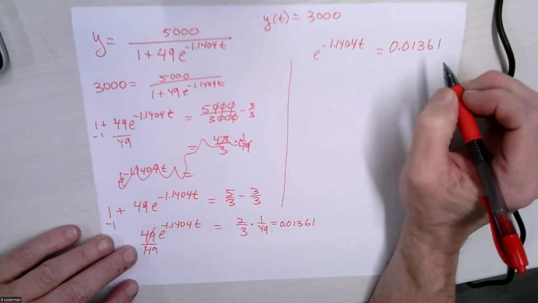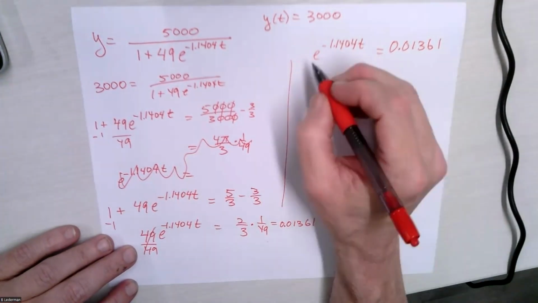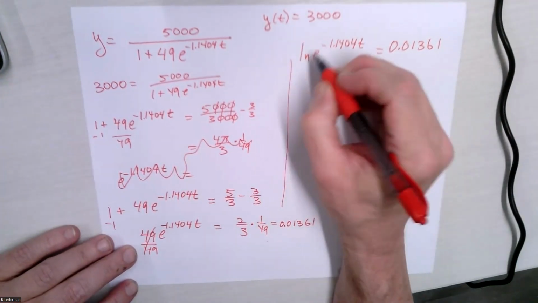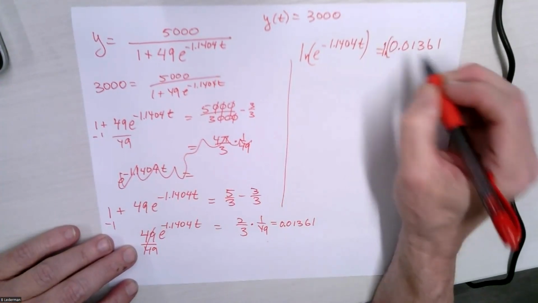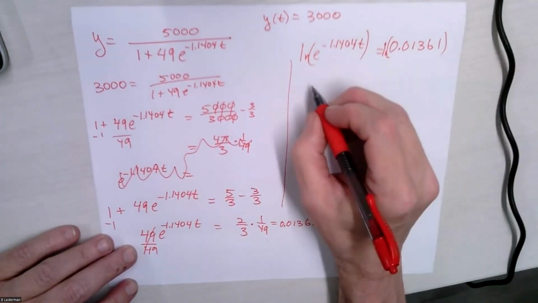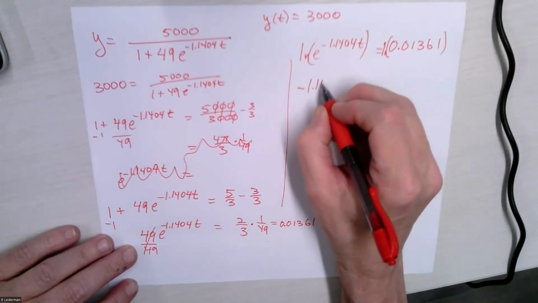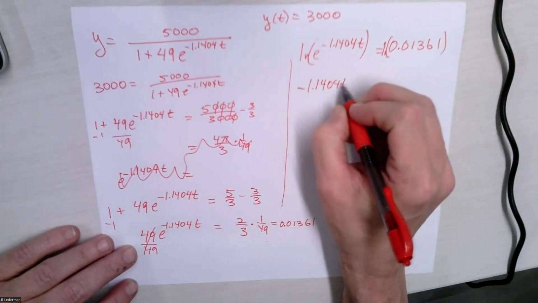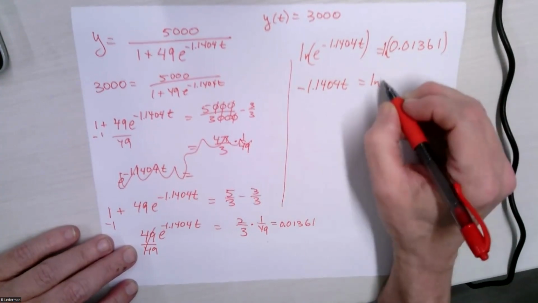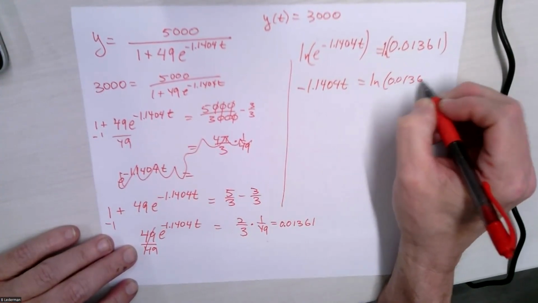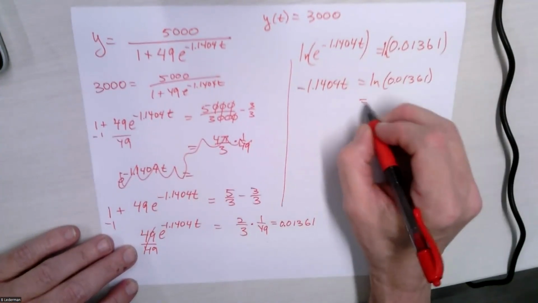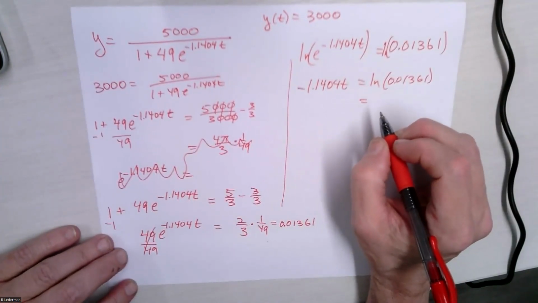And now I take the ln of each side. So I get negative 1.1404 t equals the ln of 0.01361.